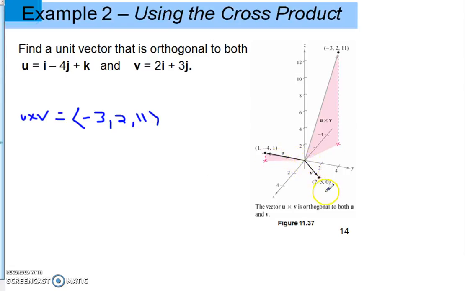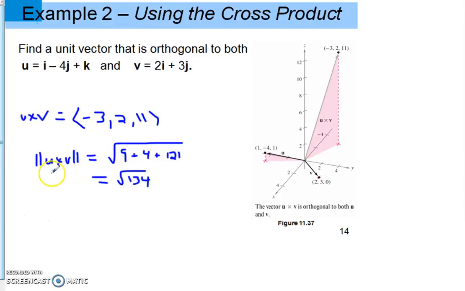But you can see here's two vectors. This -3, 2, 11 is orthogonal to both of the other two, not just one, but both of them. It says find a unit vector. So in order to do that, we need to take the magnitude of this one. So the magnitude of u cross v is equal to, if I do that, the square root of 9 plus 4 plus 121, which is equal to square root of 134.